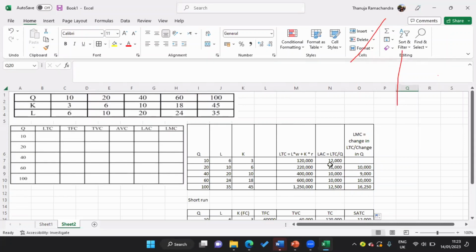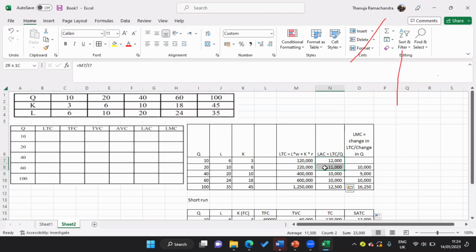LAC, we can see 12,000, 11,000, both minimum. You can see here 10,000, 10,000, so it is constant.